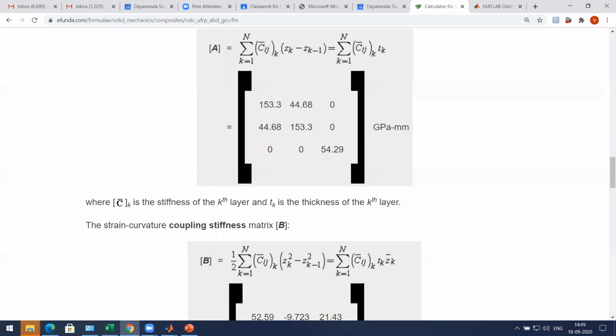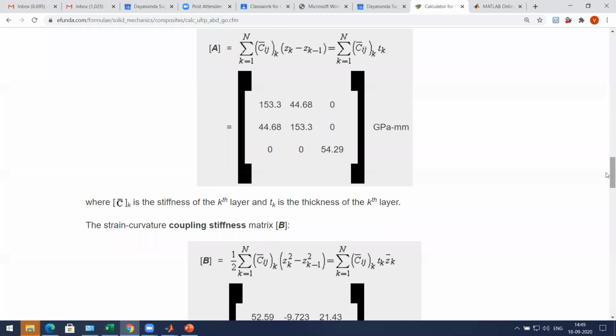A11 minus A12, can you check this? Is it 2 times of this? Yes, sir, 54.3. Okay, fine. So this is how you design a quasi-isotropic laminate.